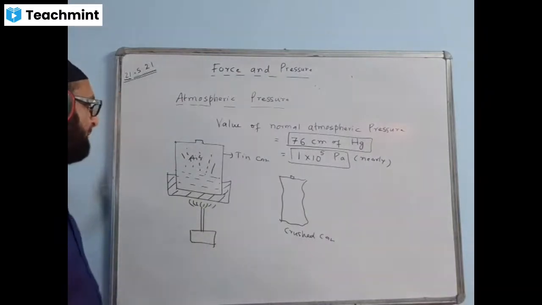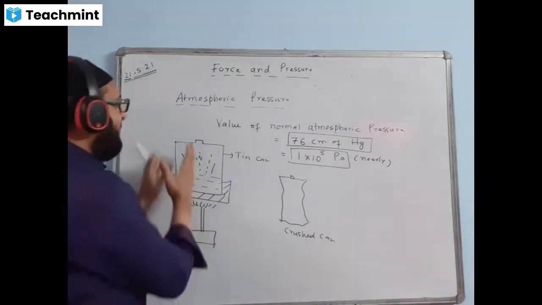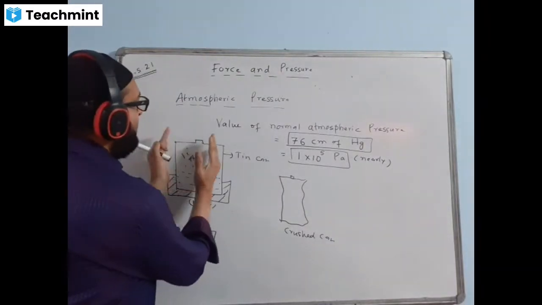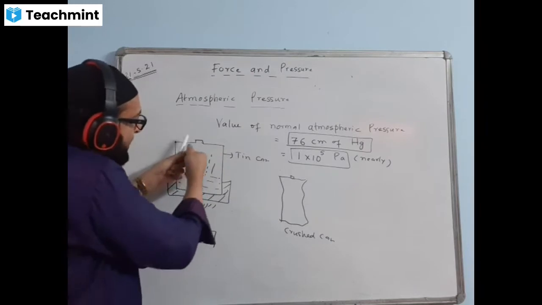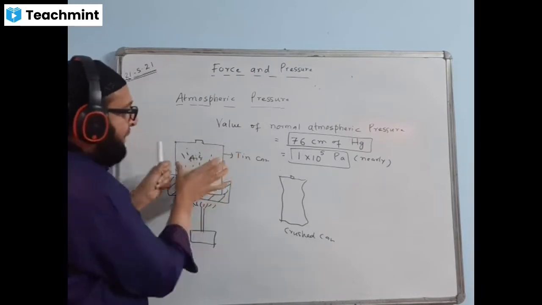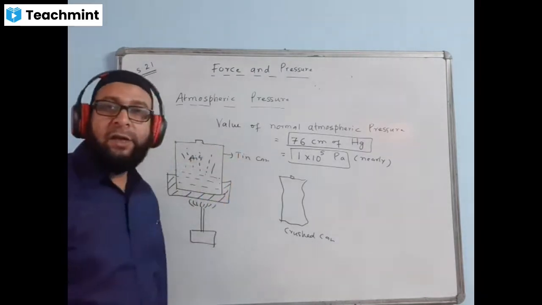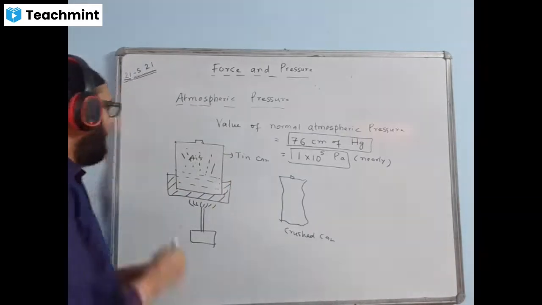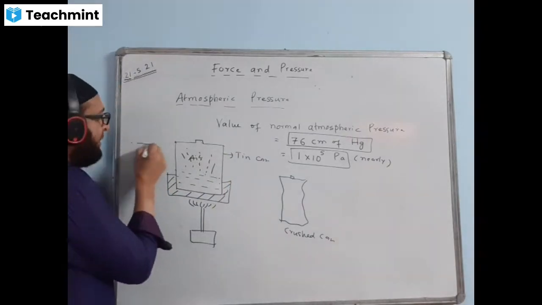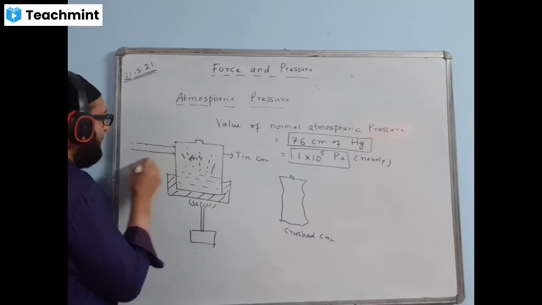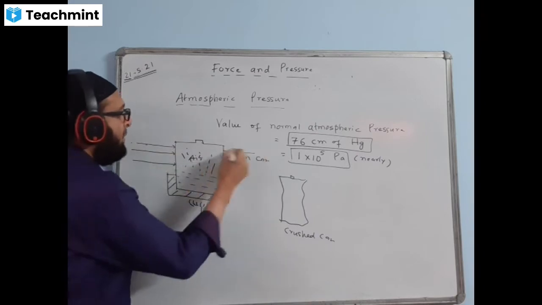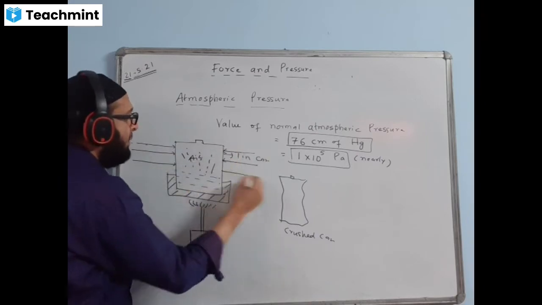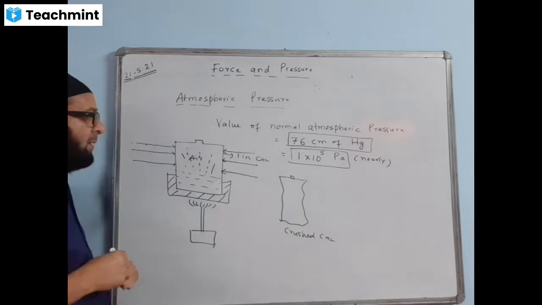Because listen, when the can is like this, the inside air is exerting pressure on the wall and keeping it tight, not allowing it to be crushed, because atmosphere is applying pressure from outside like this.